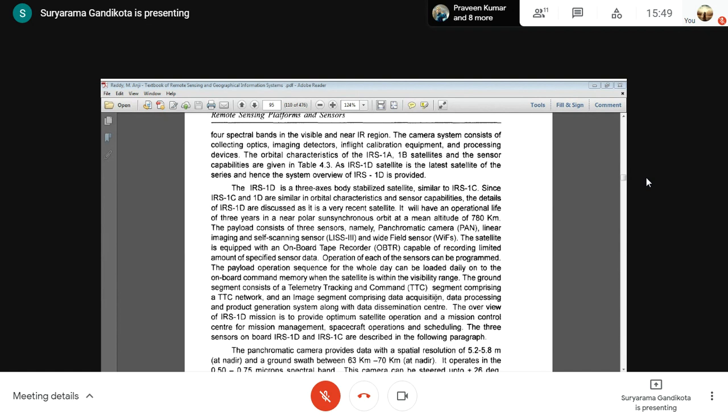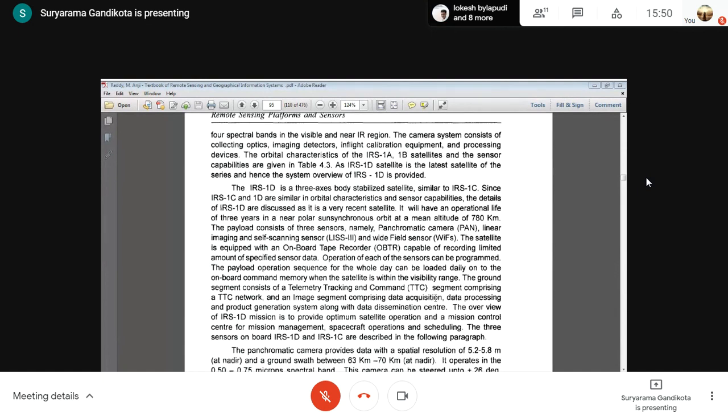It will have an operational life of 3 years in a near polar sun synchronous orbit at a mean altitude of 780 kilometers.